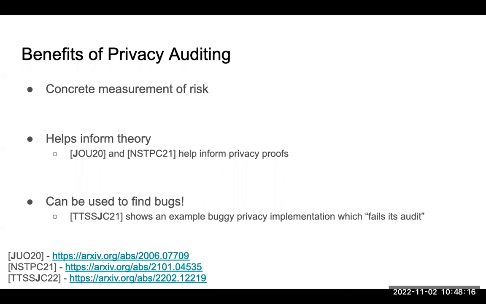And that's just a nice thing to have. But from a research perspective, rather than an interpretability perspective, it also helps inform theory. So there's a couple of papers. I'll talk a little bit about the first one, where you can understand better your privacy parameters by running attacks. And the other thing you can do is find bugs by running these kinds of attacks.